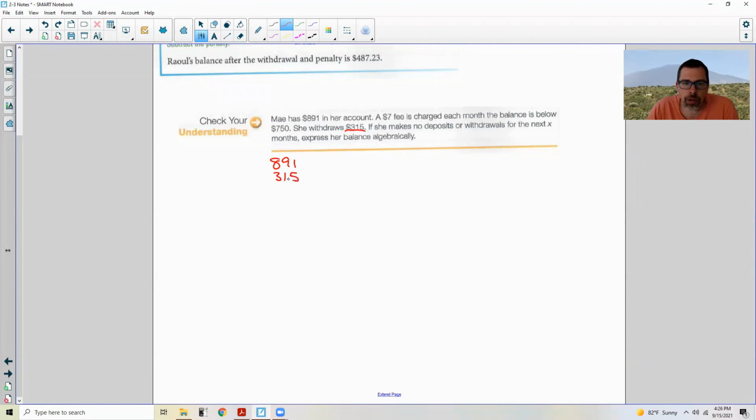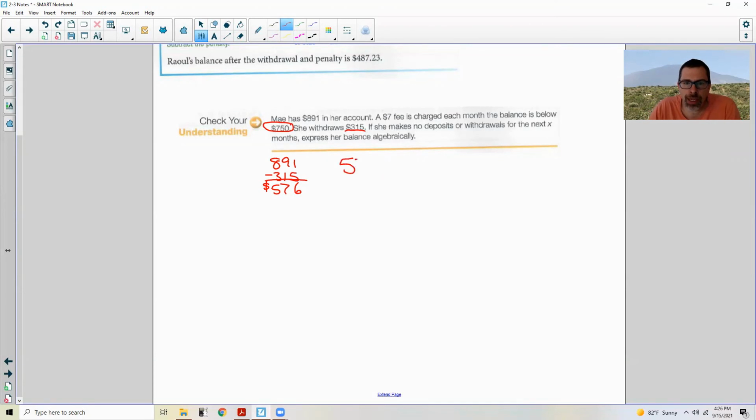So if I take $315 away from that, I get $576 in the account after the withdrawal. $576 is obviously below $750.